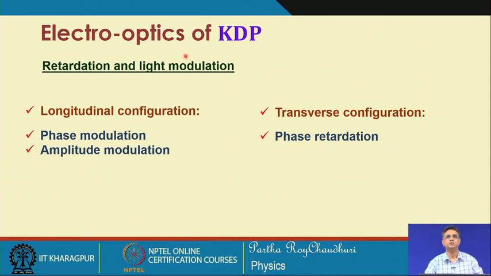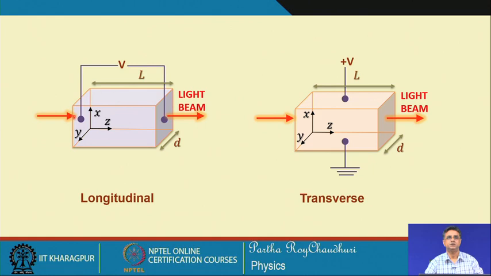So, now we will continue KDP for this longitudinal mode of operation for phase modulation, amplitude modulation and transverse configuration. So, this is the configuration for longitudinal mode of operation. You can see this is your x, y and z.